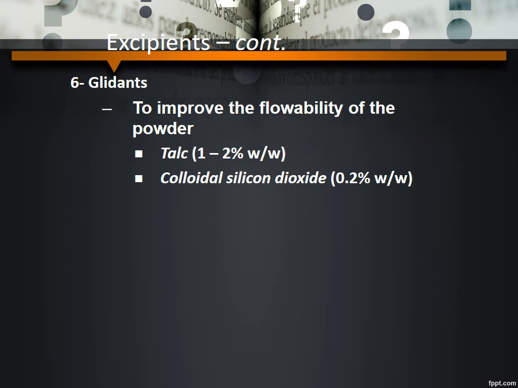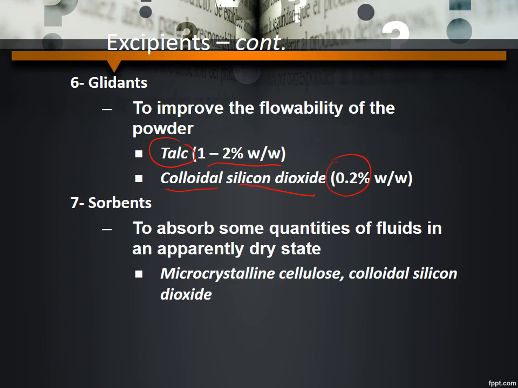Glidant is also added into the tableting process to improve the flowability of the powder. The type of glidant that is usually used is talc, around 1 to 2%, or they add in colloidal silicon dioxide, 0.2%. And sometimes sorbent is also added into the formulation to absorb some quantity of fluid in an apparently dry state.